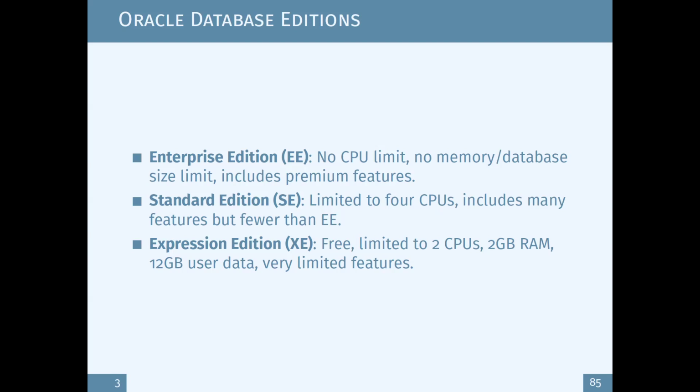That means there's no limit for the CPUs, no memory or database size limits, and so on. But if you go for Standard Edition, it is limited to only 4 CPUs, including many features but fewer than EE. Last one, Express Edition, is free, limited to 2 CPUs, 2 GB of RAM, 12 GB of user data, and so on. So these are the 3, but we have decided on the Express Edition.